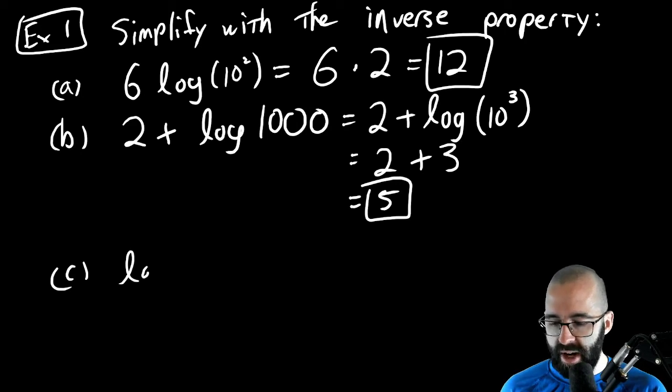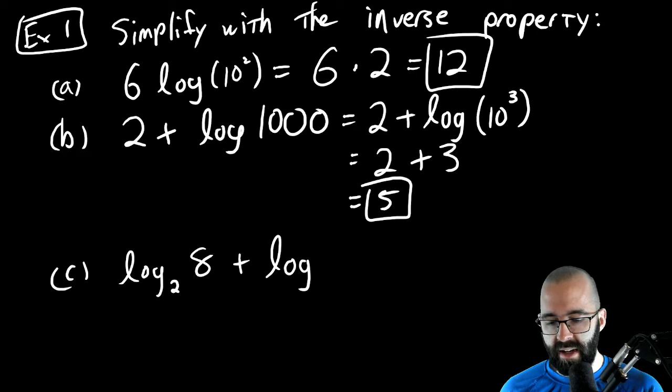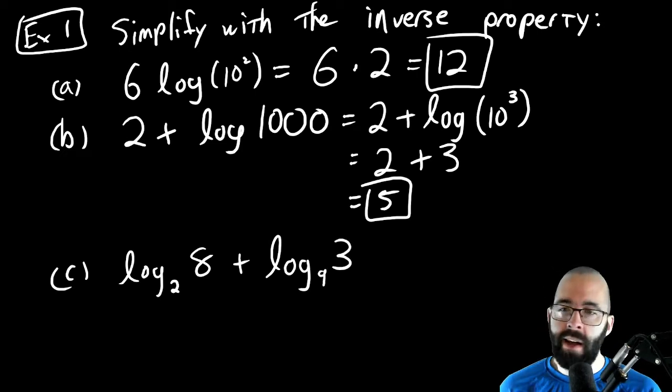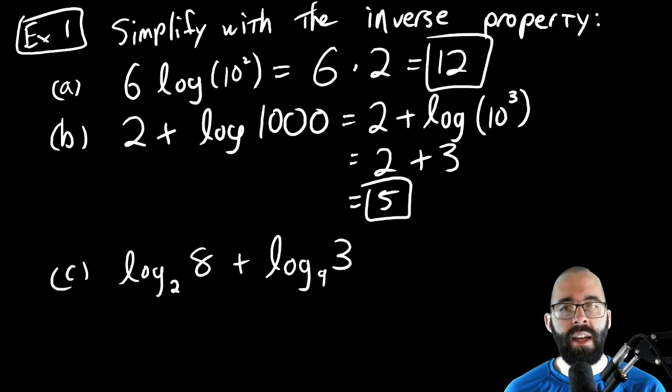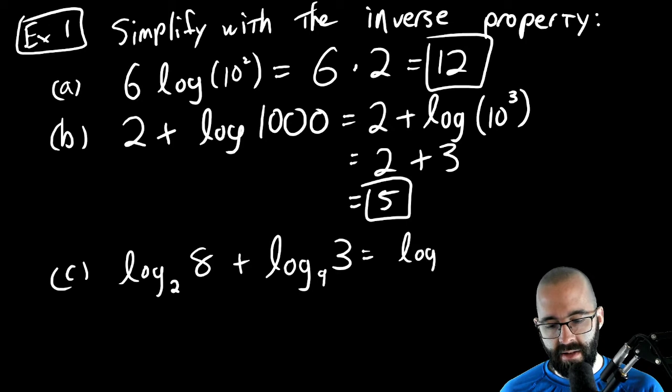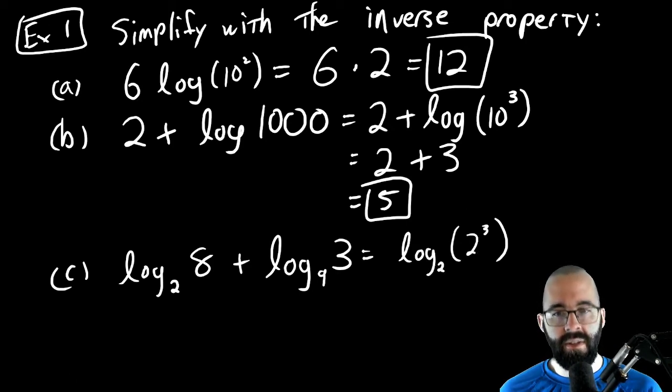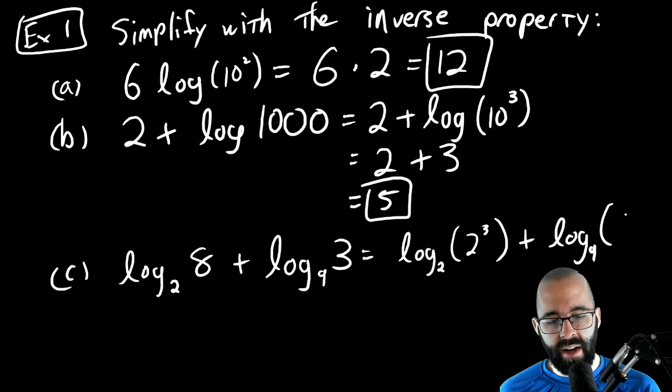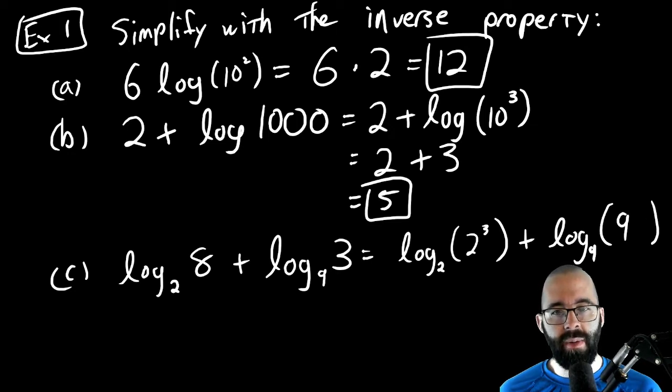And we could do one more little practice. Log base 2 of 8 plus log base 9 of 3. And it's the same idea. Write that inside in terms of the base. So what is 8? 8 is 2 cubed. These are going to cancel. What is 3? How do we write 9 to what exponent is going to be 3?